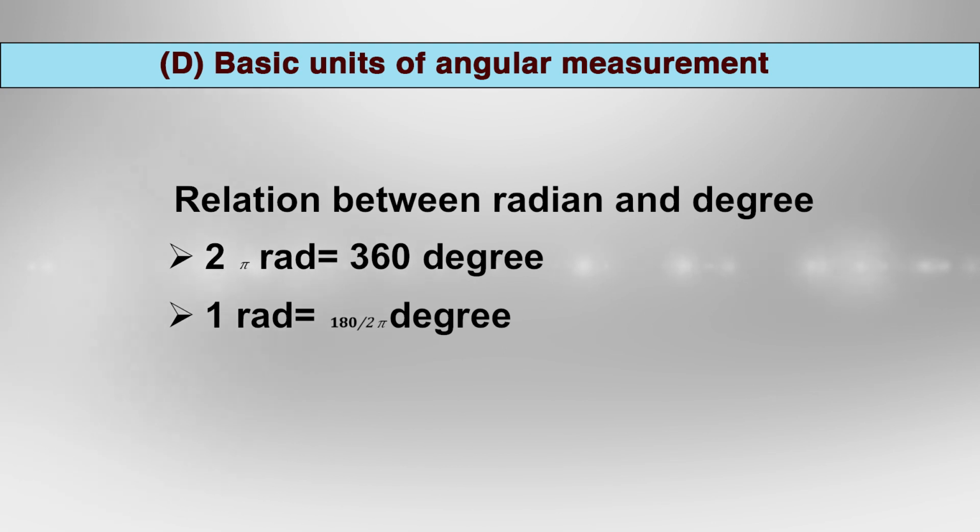In other words, an angle at the center of the circle that measures 2 pi in radian will be equal to 360 in degree. So, 2 pi radian will be equal to 360 degree. So, 1 radian will be equal to 360 divided by 2 pi or 180 divided by pi. So, 1 radian will be equal to 180 by pi degree.